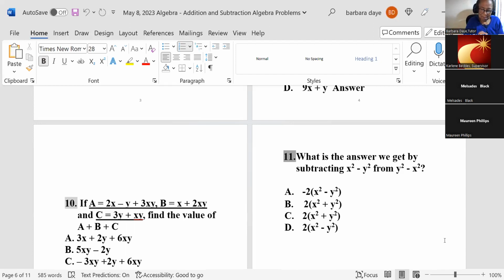So the answer is, I would say C, but it could be something else. Because what is the answer we get by subtracting? So I have two the same, so you get plus. So it's gotta be A then, because you're subtracting. And it's gotta be A or D.